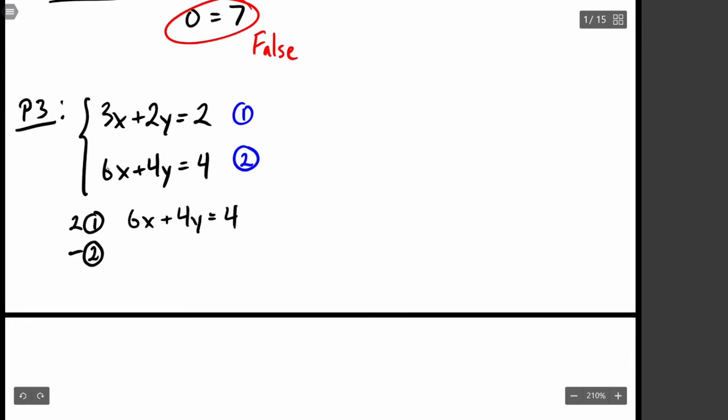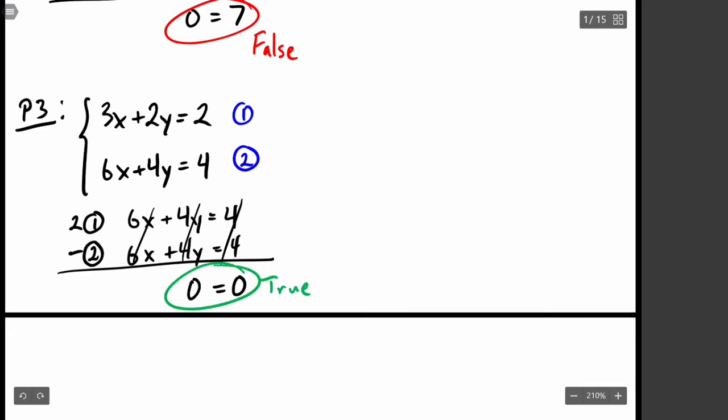And then we're going to subtract equation 2, which is 6x plus 4y equals 4. Now keep in mind we're subtracting here. Well, everything cancels. And this is true.